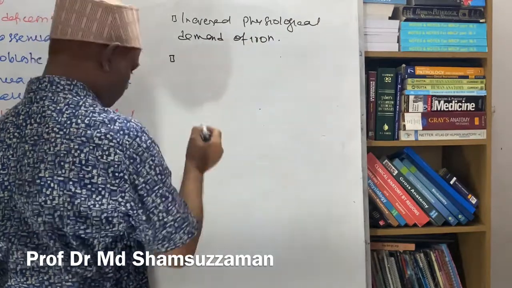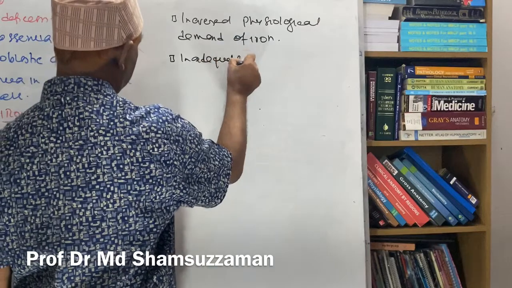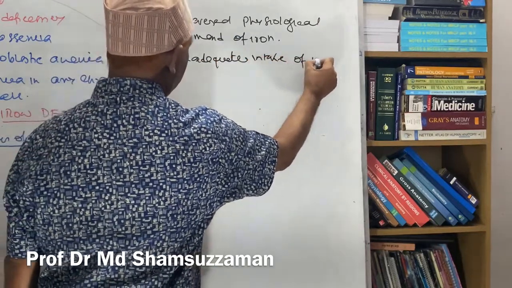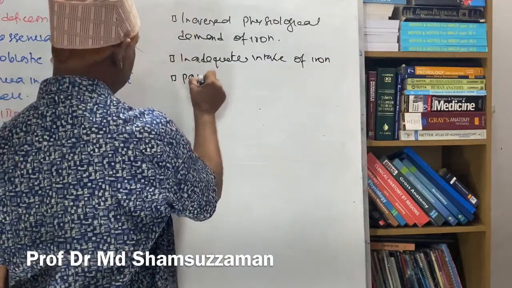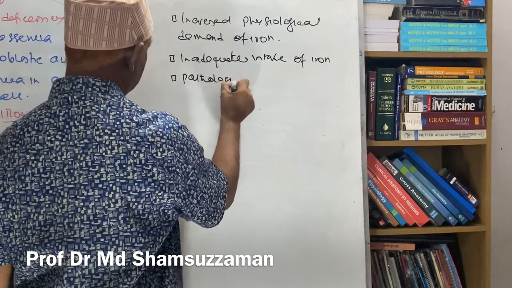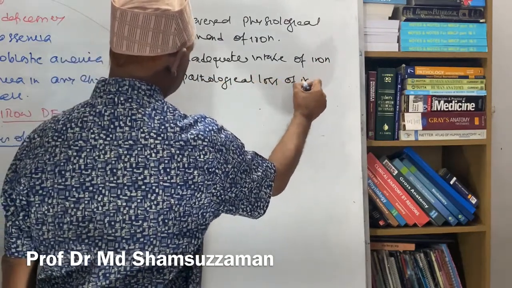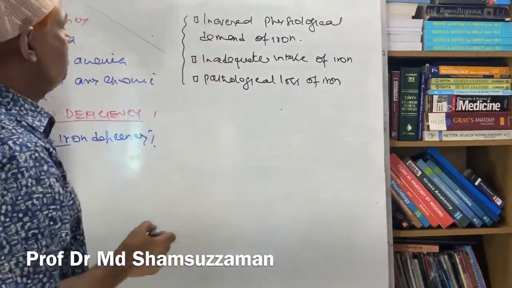Number two, inadequate intake of iron. And number three, pathological loss of iron. So these are three important causes of iron deficiency.